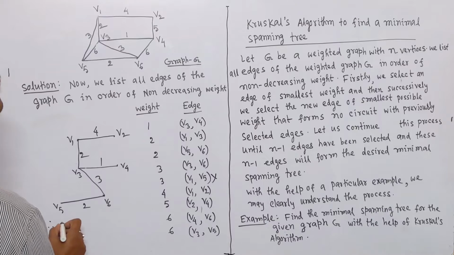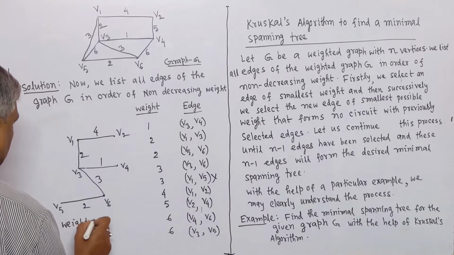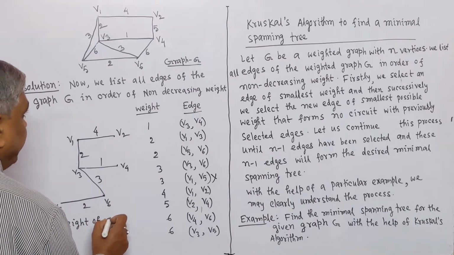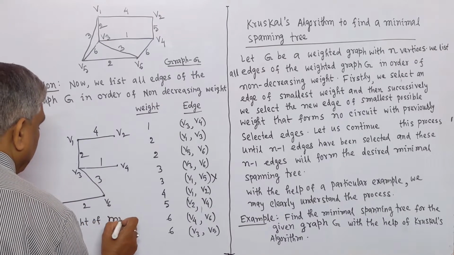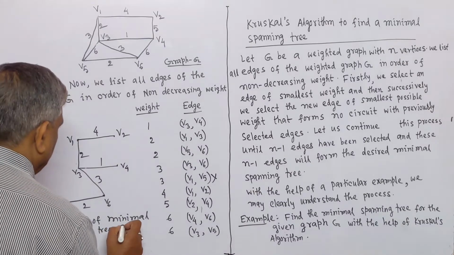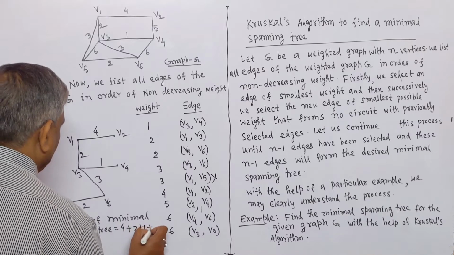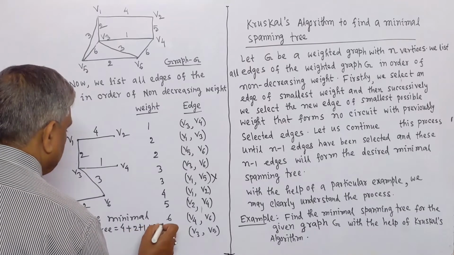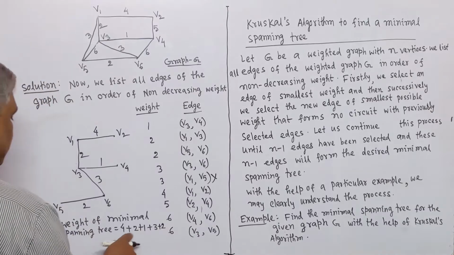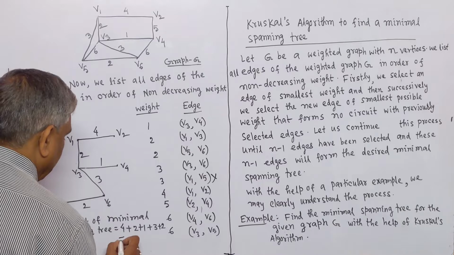Therefore, weight of minimal spanning tree equals 4 plus 2 plus 1 plus 3 plus 2. 4 plus 2 is 6, 7, then 10, 12.